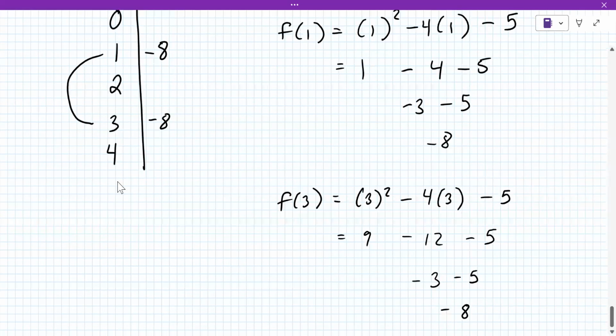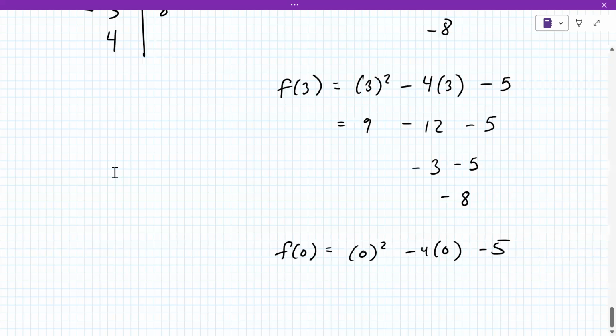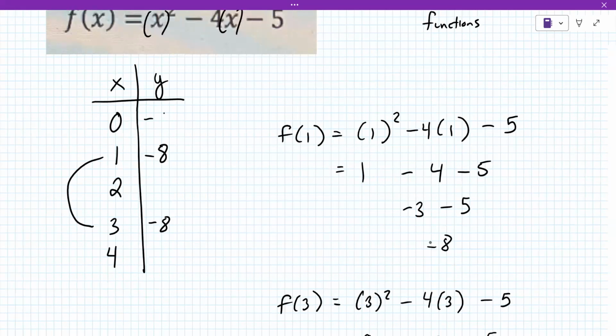All right, let's do f of 0. F of 0 is 0 squared minus 4 times 0 minus 5. What does that become? 0 minus 5. Well, just negative 5. Negative 5. Good. Now I want you to do the same thing for 4.